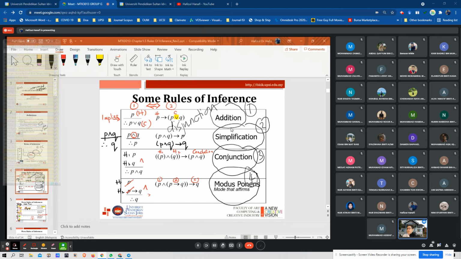Okay, and then secondly, we go to simplification in propositional logic. We have conjunction elimination, also called simplification. We simplify. Here is an argument form and rule of inference which makes the inference that if the conjunction A and B is true, then A is true and B is true.